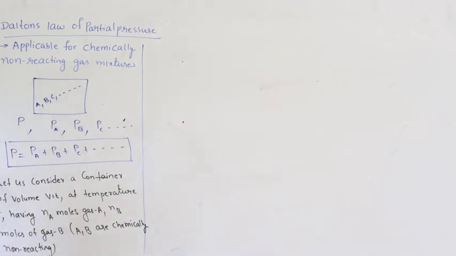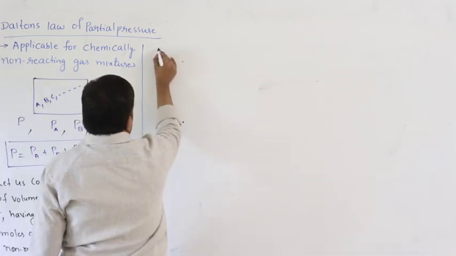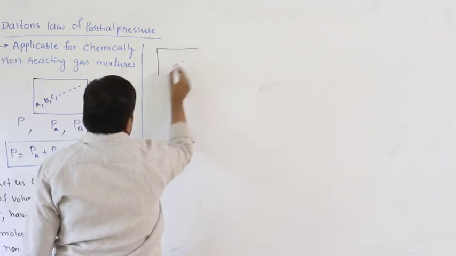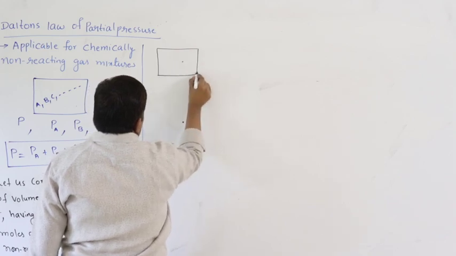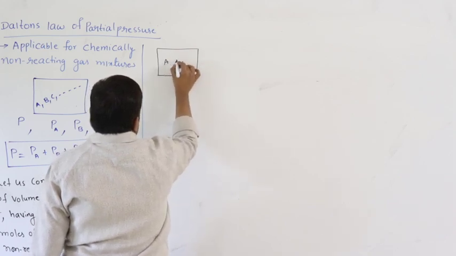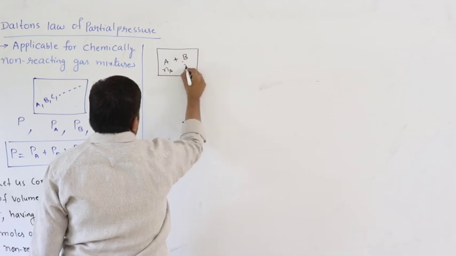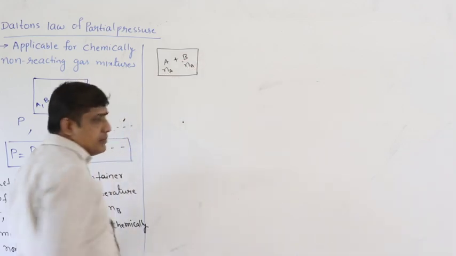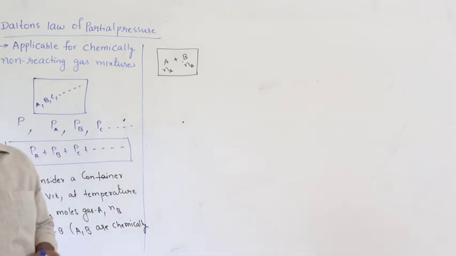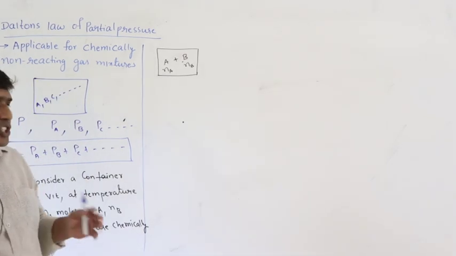So what we are doing here is considering a system where we have gas A and gas B. The number of moles of gas A is Na, the number of moles of gas B is Nb. Both are chemically non-reacting and do not react with each other.